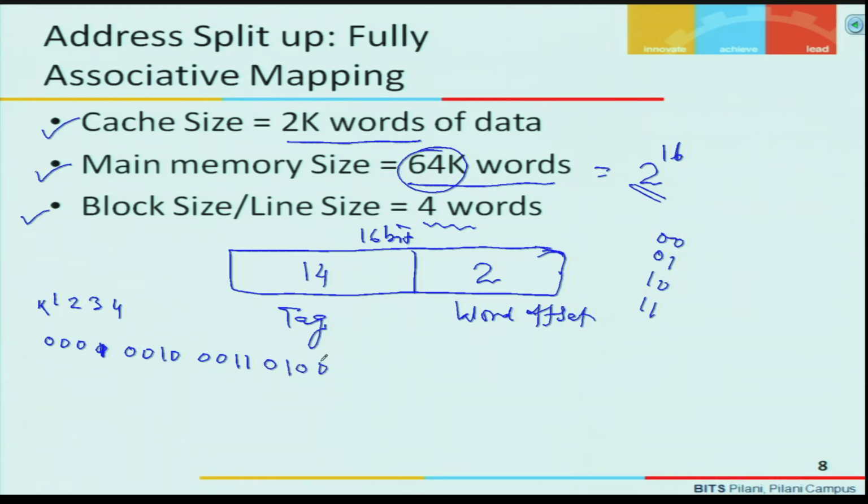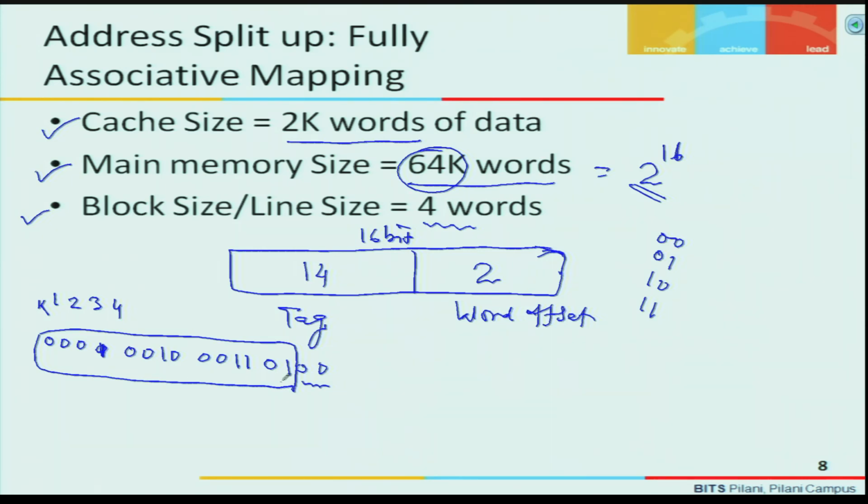Now, out of this 16-bit address, the first 14 bits will be treated as the tag that will be stored along with the cache line. This address is the first word of the block which is transferred from the main memory, and the complete block address is this.